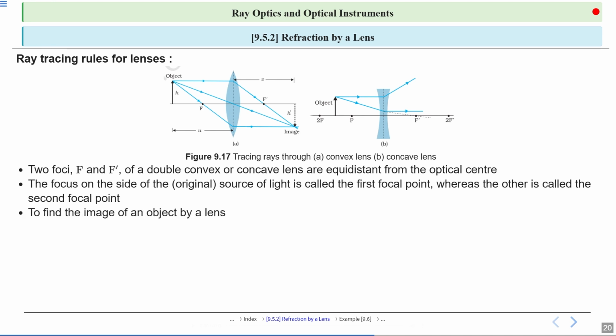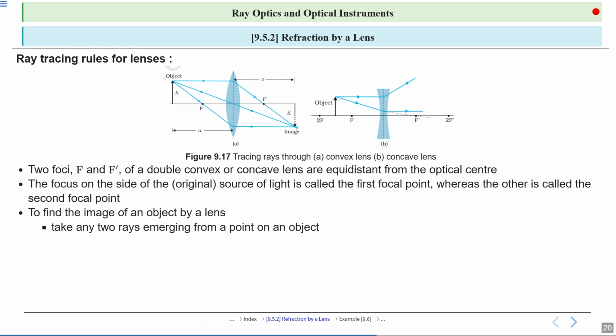To find the image of an object by a lens, take any two rays emerging from a point on the object. Ray tracing rules are similar to ray tracing rules in the mirrors also. A large number of rays are emerging from a point on the object, but we have to take at least two rays to form an image on the other side, or on the same side in the case of concave lens.